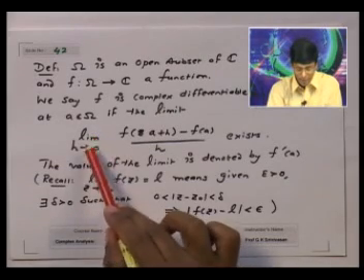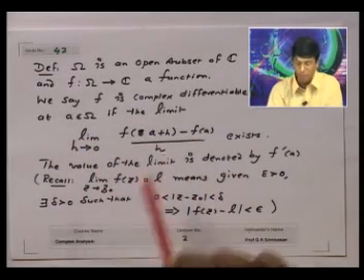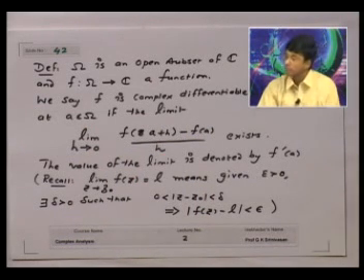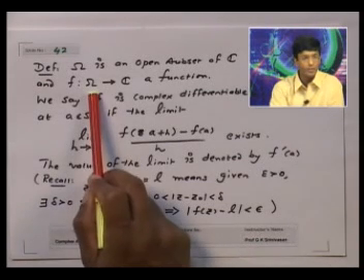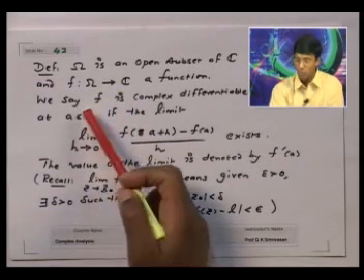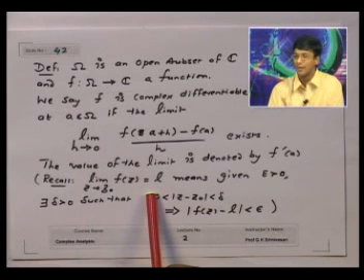What is the meaning of this statement that the limit as h tends to 0 of f of a plus h minus f of a upon h exists? What is the definition of a limit? Very similar to the definition of continuity. Given a function f from an open set in C to C, when would you say that the limit of f of z as z tends to z naught exists and is L?